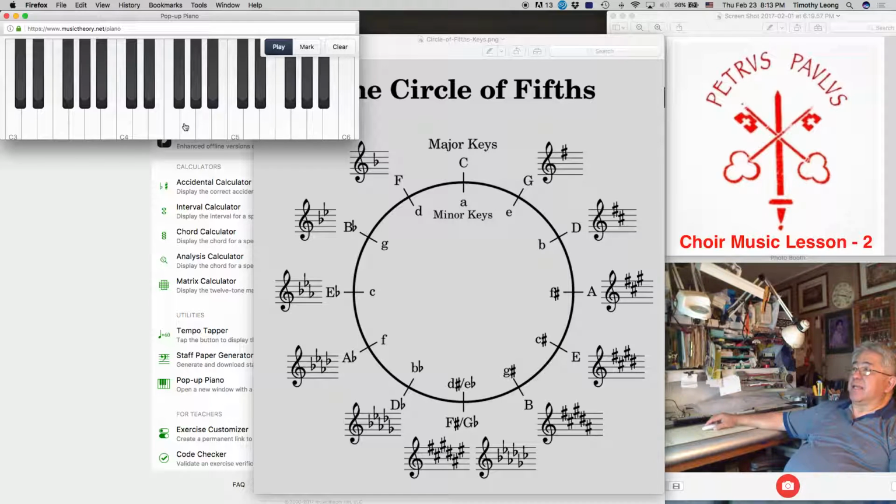That's G. G has one sharp, F sharp in the G major scale. So what that sounds like is, let's do this G.